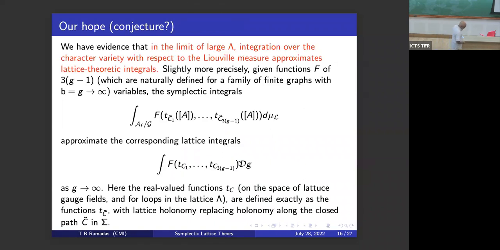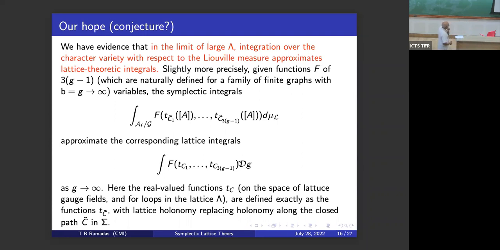Okay, so this is the main point of the talk. Our hope and conjecture, backed up by some evidence, some of which I presented when I talked about the distribution of 1 Wilson loop and then 2 Wilson loops, is that in the limit of large lambda, integration over the character variety with respect to the Liouville measure approximates lattice gauge theoretic integrals.